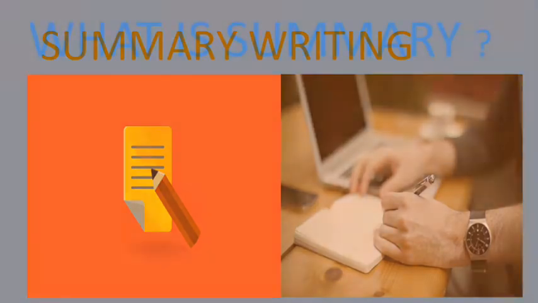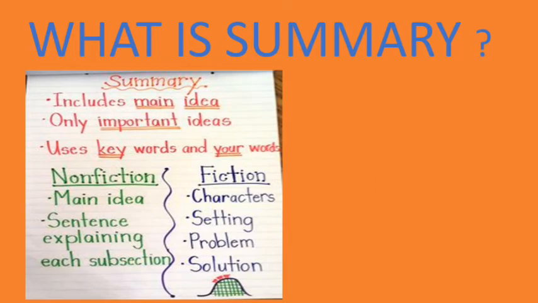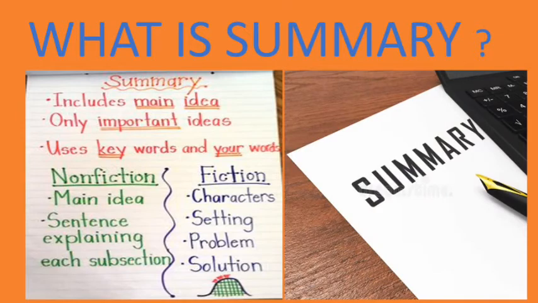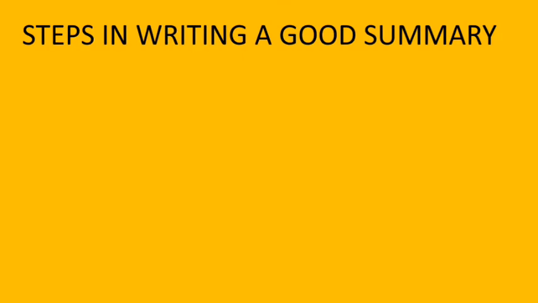The first is that you need to ensure that you have good understanding of the passage that you're summarizing. Because without comprehension of this, without understanding the passage, you cannot do a good summary.